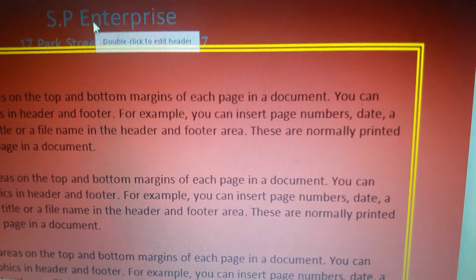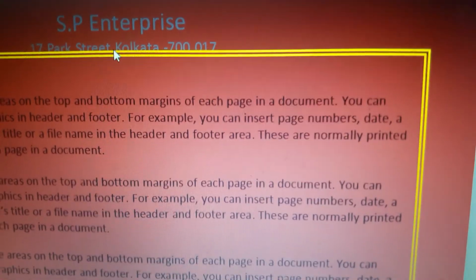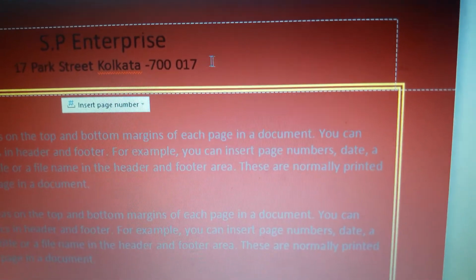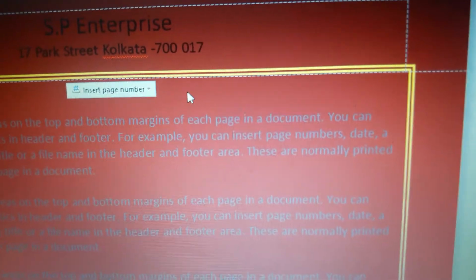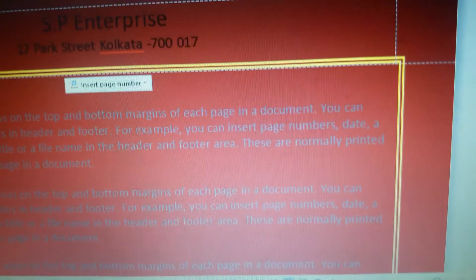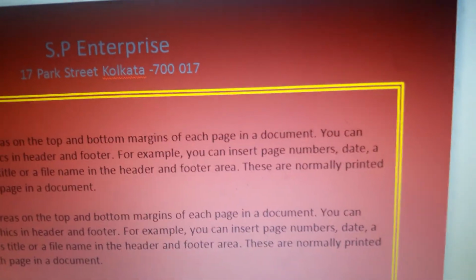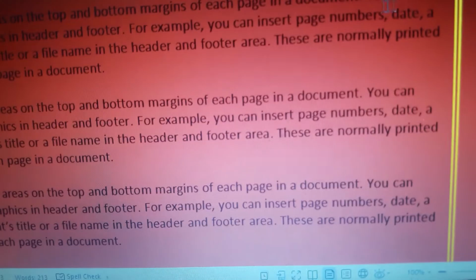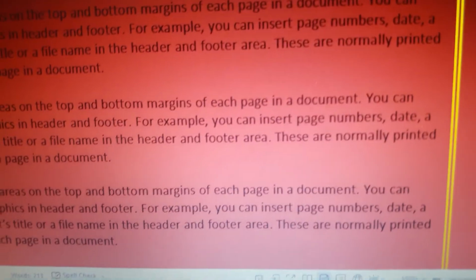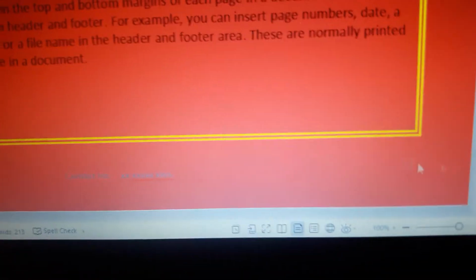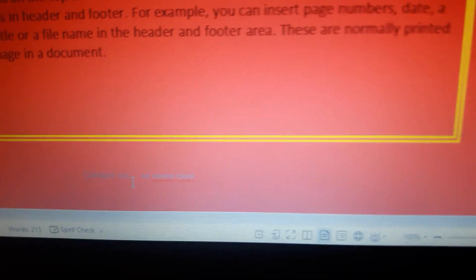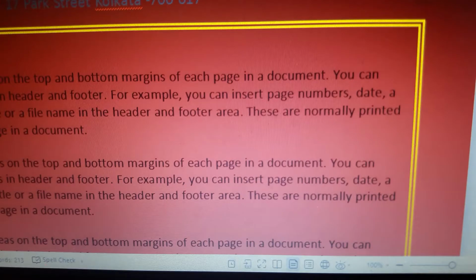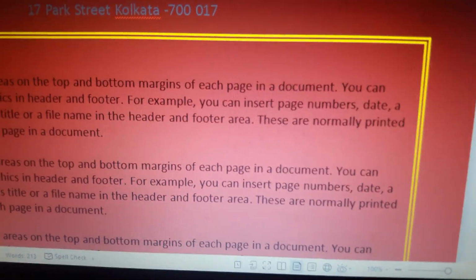This is a header. Header is there. Then my footer is there. So this is the page border and page color you can see.